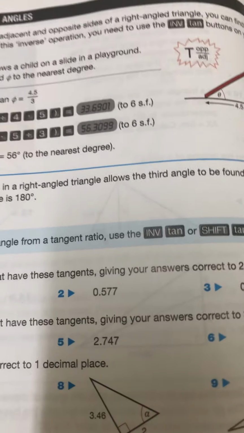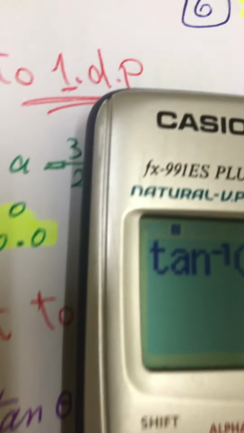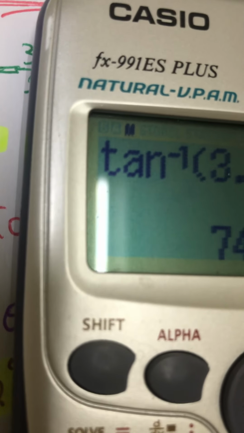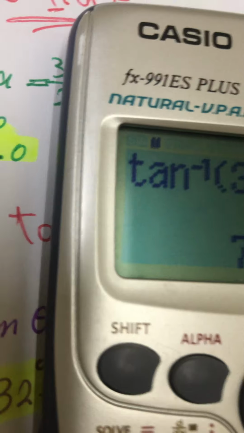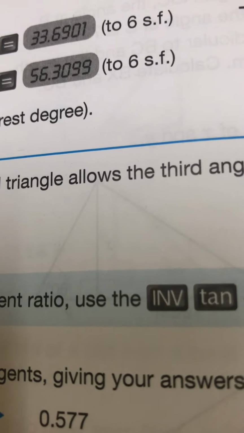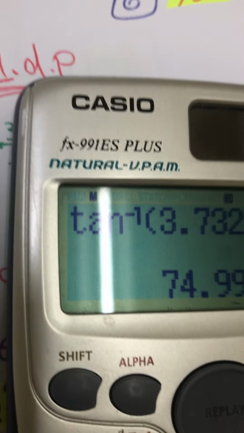In some calculators you will find shift, as on my calculator, or the word inverse. Most calculators contain shift. Some contain inverse, as your book wrote for you: inverse tan or shift tan. When you press shift then tan, your calculator writes tan inverse, tan negative 1.